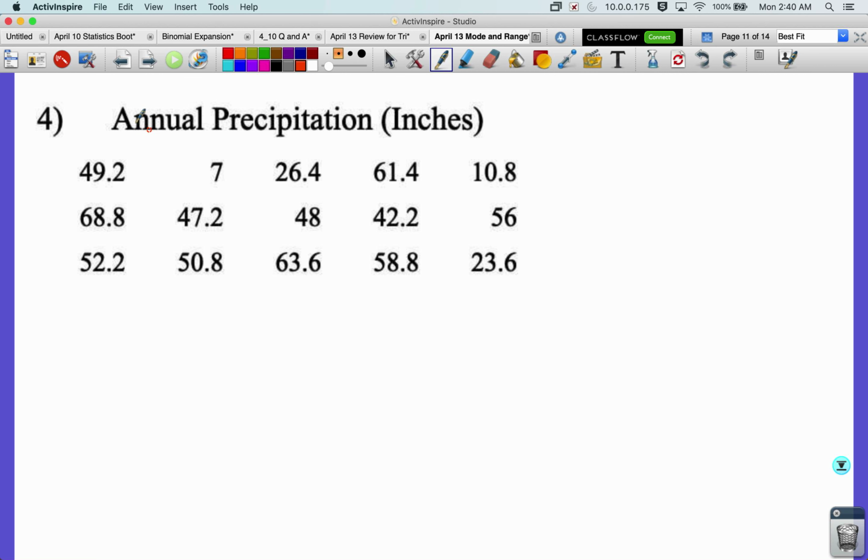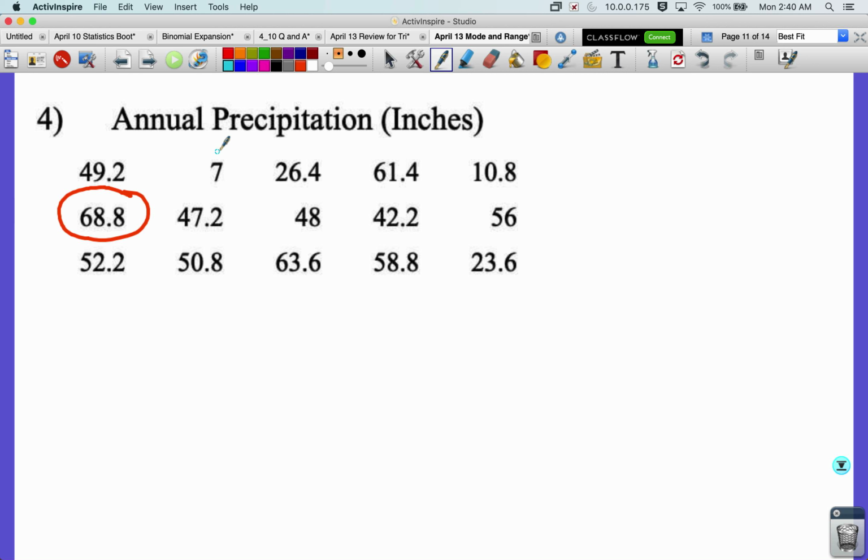All right, annual precipitation. So this is just a data list. Now we've got to find the max of this data. Well, to find the max, you just have to look for a big number, circle it, and then see if there's any number bigger. So is there any number bigger than 68.8? I'll scan through. Nope. Now for the minimum, we'll do something similar.